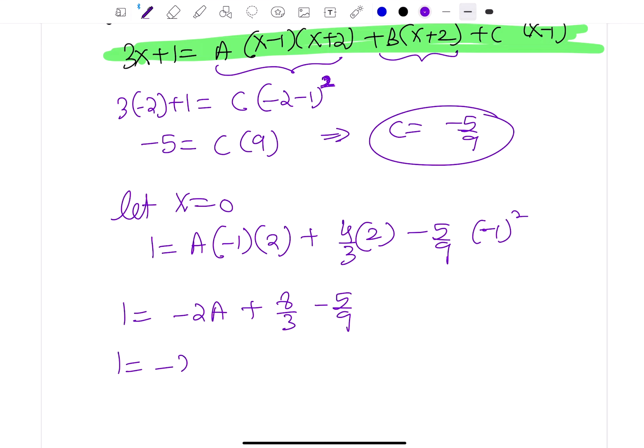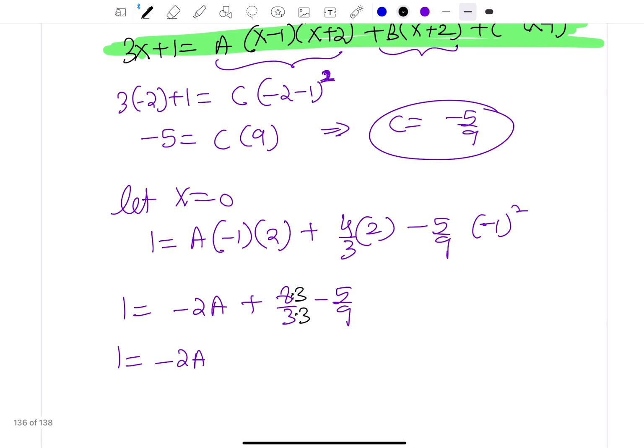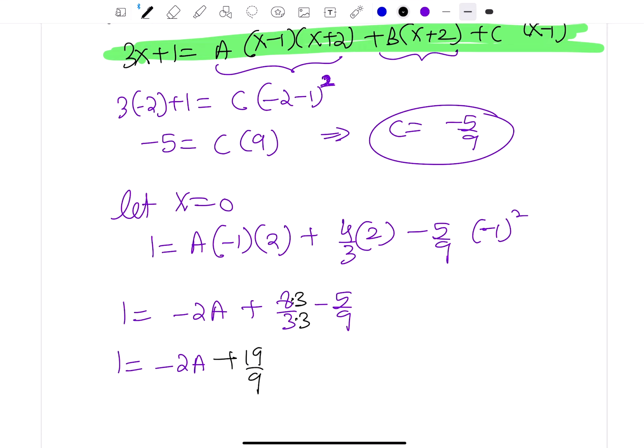So 1 equals -2a, and we can combine these fractions, make them the same denominator. That's 24 minus 5, which is 19/9, plus 19/9.